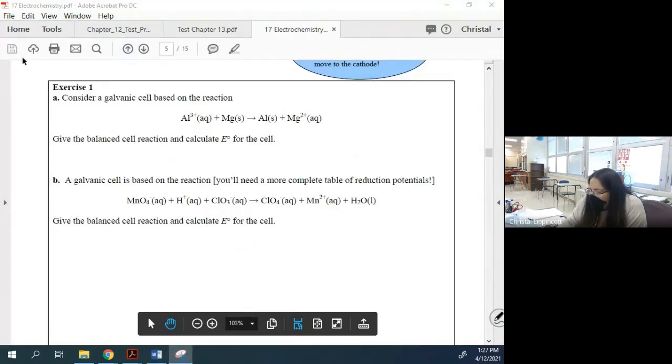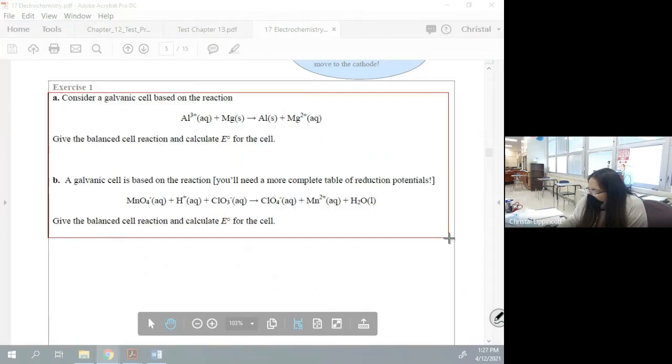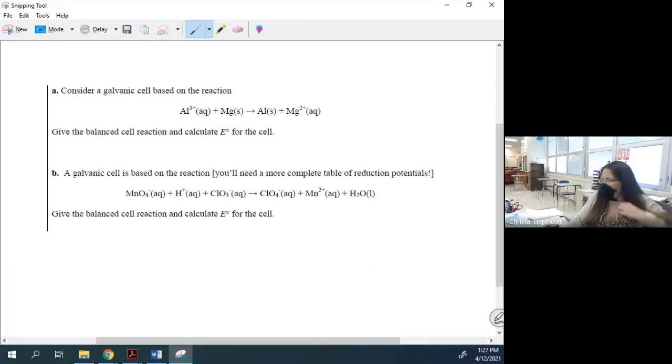So let me copy this, new, and I can increase this guy, and then I can draw in here. So they want us to, so we need to figure out what is being reduced and what is being oxidized here. So figure that out. Go.